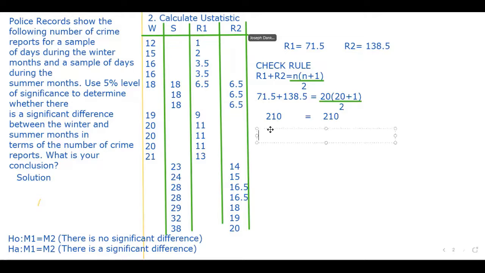We move on to solve for U1 and U2. You know the formula. So U1 is R1 minus N1 into bracket N1 plus 1, divided by 2.